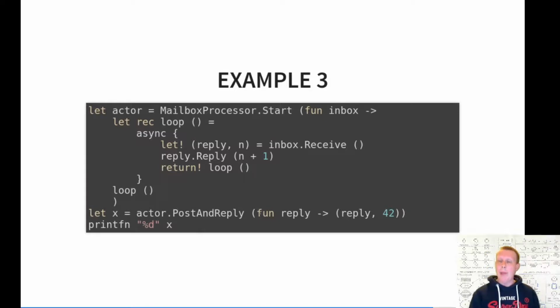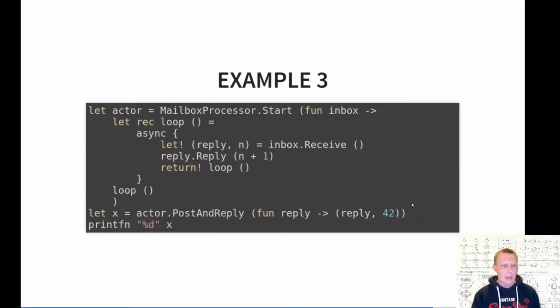Post and reply will take a function as an argument, and the first argument of that function will be this reply channel object. Then I post a tuple reply, 42, which is the same I will receive here. We'll see a later example where instead of using a tuple, I will actually use proper messaging and use a union type to distinguish between different types of messages.